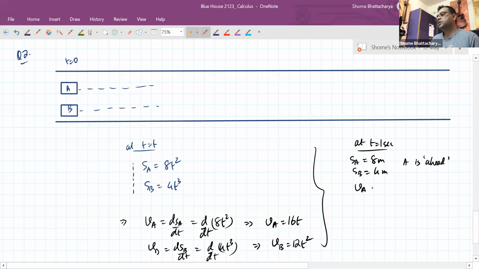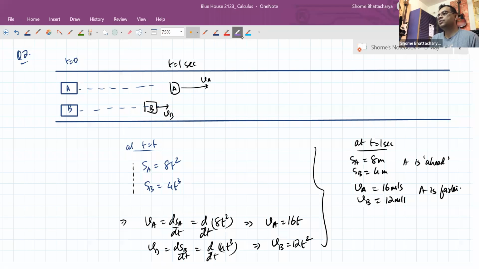And the velocities, this is 16 meters per second, and this is 12 meters per second. So you can also see that A is faster. So if we compare this at t equal to 1 second, we can see that A is ahead, B is behind, and also A is faster, B is slower.